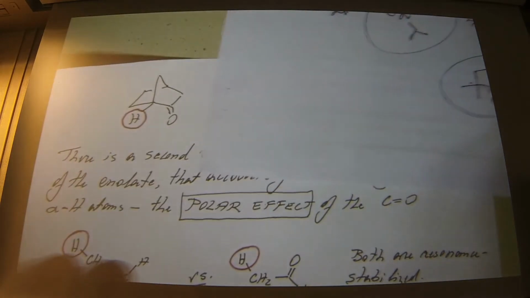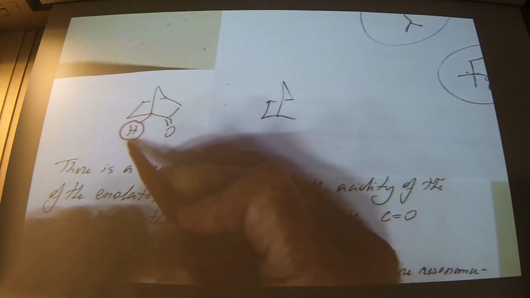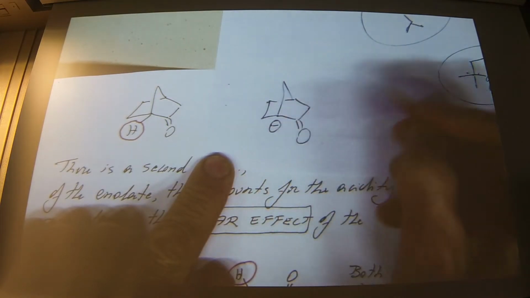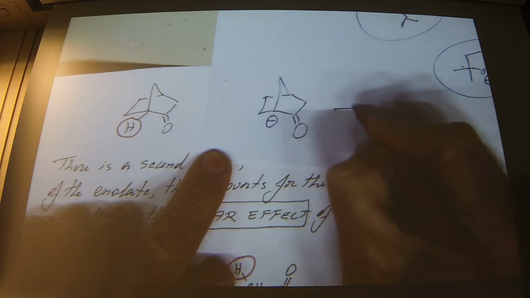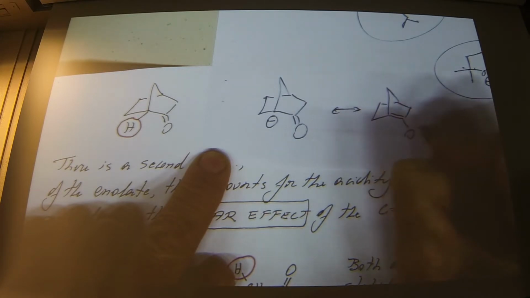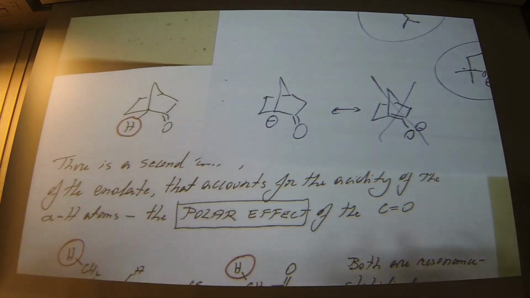Let's take a look. Let's just say that I pull that proton off. Imagine a base, LDA, whatever, coming in and pulling that proton off. The first thing I did is this. Now the question is: am I within my constitutional rights drawing this kind of enolate? Bredt's rule violation. Yeah, because it's Bredt's rule.